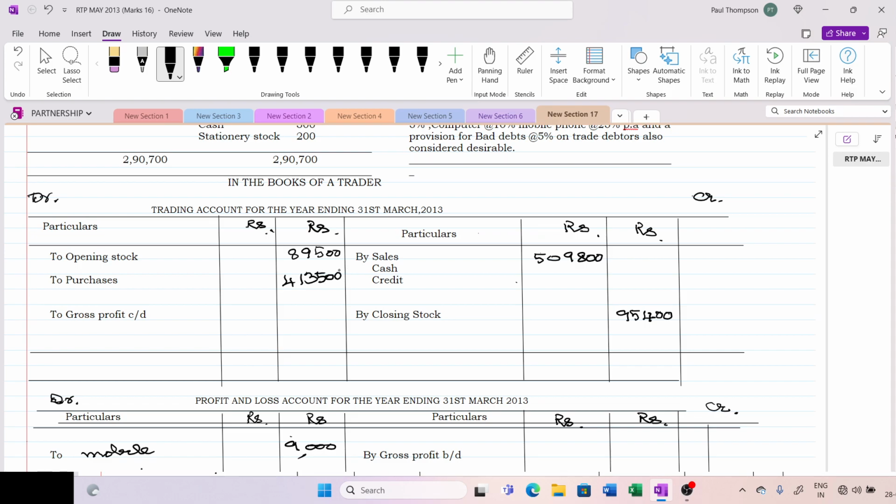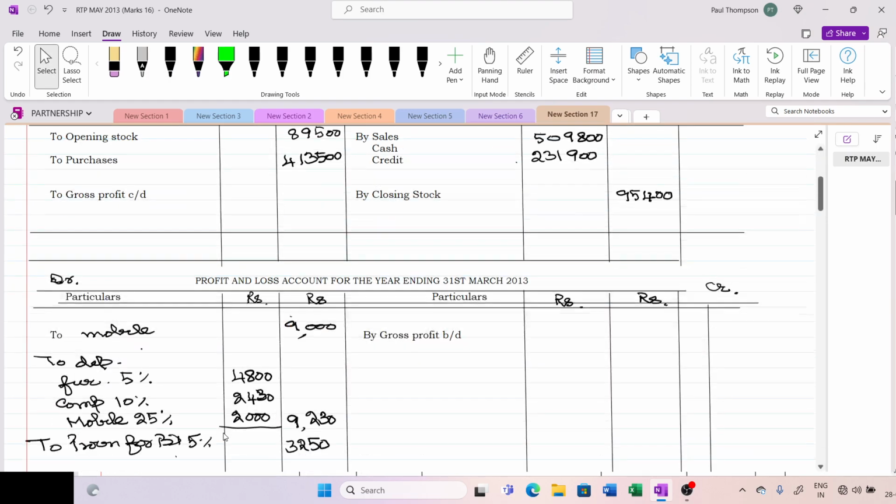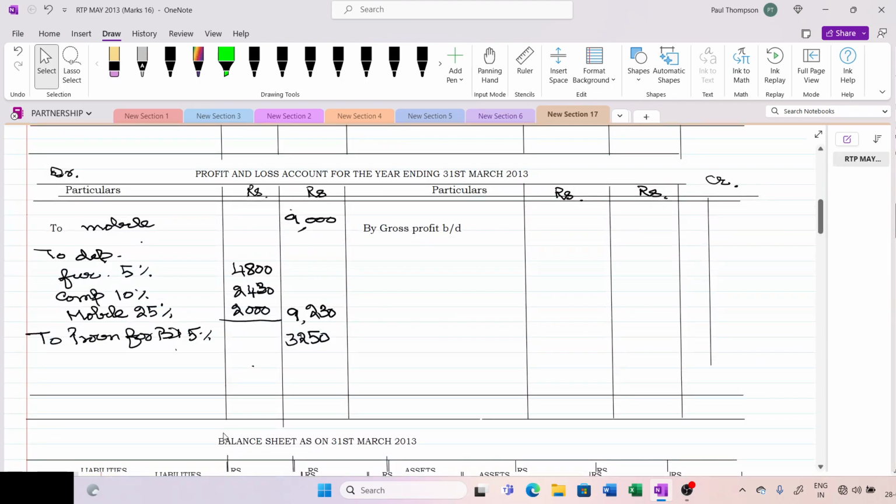And the credit sales was 231,900. We have posted the BR and creditor, BP and creditor. Now we will move on to the next item, prepaid insurance, because we will forget it. So we have to close this insurance 9,900.